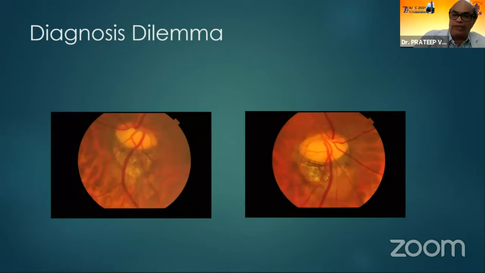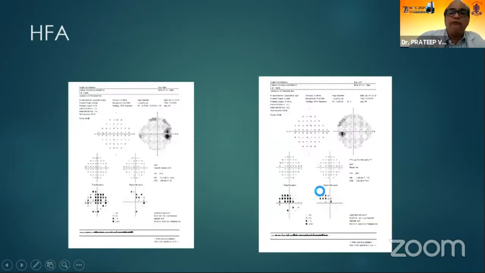So how to diagnose whether these patients have a glaucoma or they don't have a glaucoma? Look at this. This is a horizontally oval disc with a large inferior conus. And if you look very carefully, you feel that the inferior rim is lost over here. Then obviously what you would do, you have to order perimetry, and if you do the perimetry, you can see that there is a superior arcuate scotoma which is correlating with the optic disc changes.